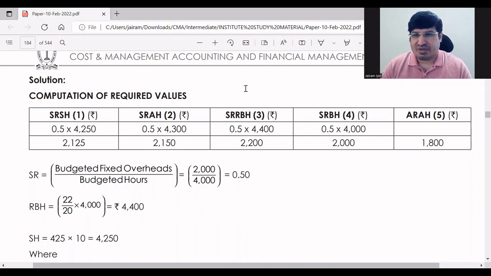So now take this 4,400 hours, ठीक है, and multiply, and of course 0.5 was already there, बस इसको मल्टीप्लाई करेंगे तो we will get this.